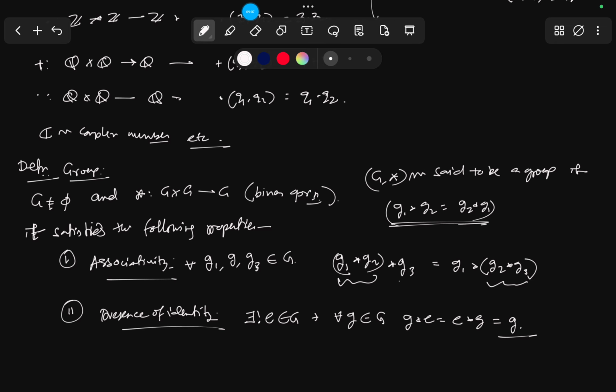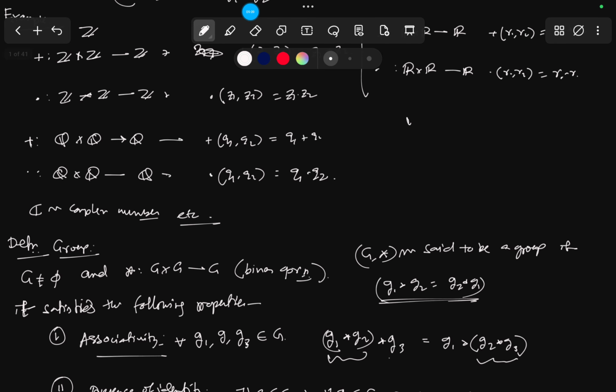Note that in general we don't have the property that g1 star g2 is the same as g2 star g1. What does this mean? If we consider star as a binary operation from G cross G to G, then g1 star g2 is given by star of (g1, g2), which goes to g1 star g2, and g2 star g1 is given by the tuple (g2, g1) going to g2 star g1.